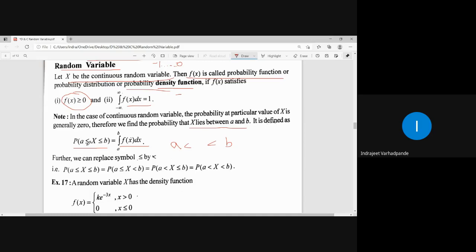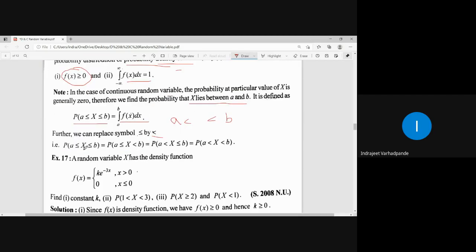So if the symbol less than or equal to is replaced by less than, still the value is the same. So a less than or equal to x less than or equal to b is similar to a less than x less than b. It is similar to a less than x less than or equal to b. It is similar to a less than or equal to x less than b.